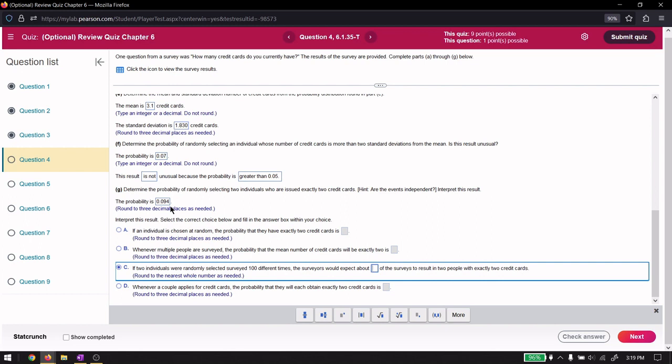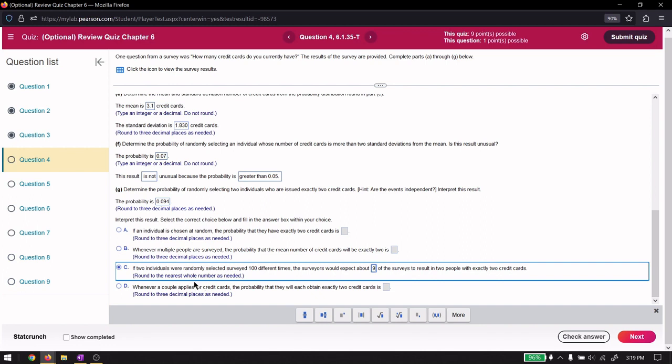Well, you can't have 0.4 of a survey. So you're going to have 9 surveys that would result in 2 people with exactly 2 credit cards.